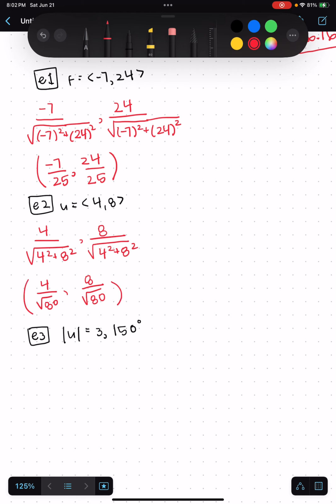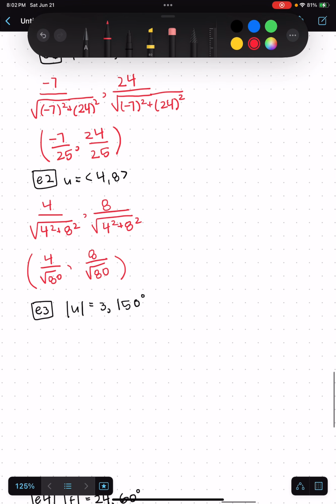Okay, so for the third and fourth examples, these are in that magnitude and direction form. So you already have the magnitude, which is the 3, but you need the x and the y, so you have to convert to the component form first, and then you can just plug everything in like normal.